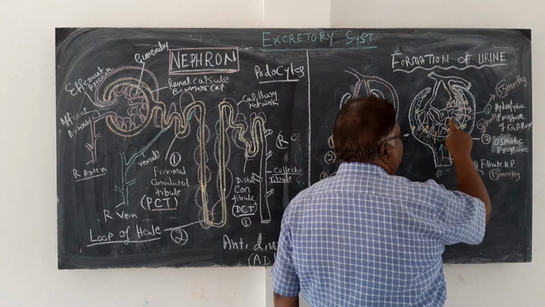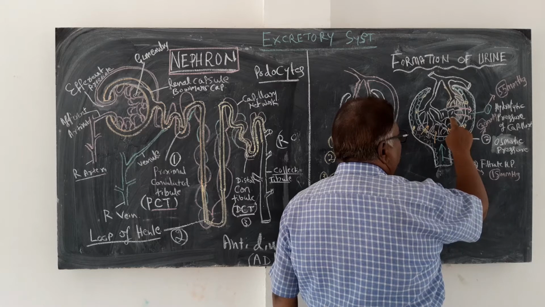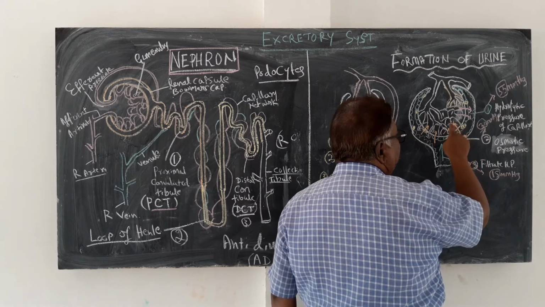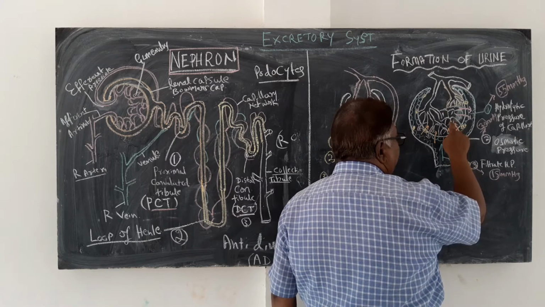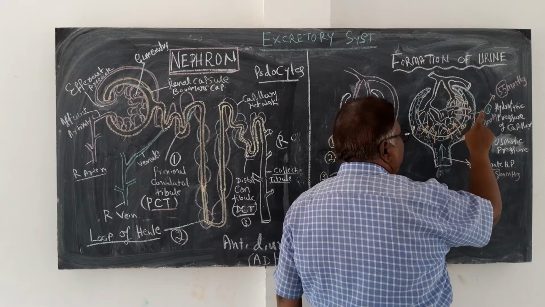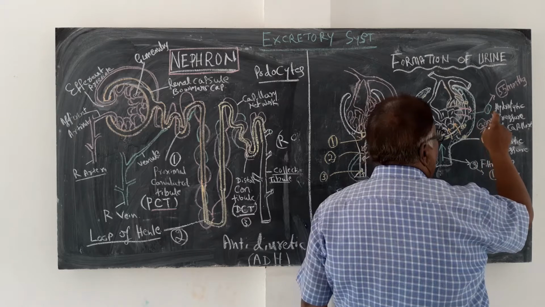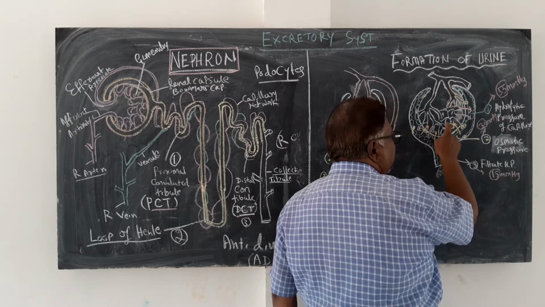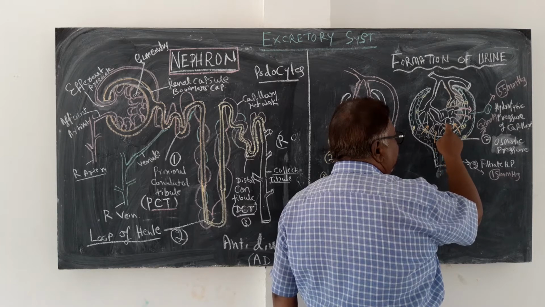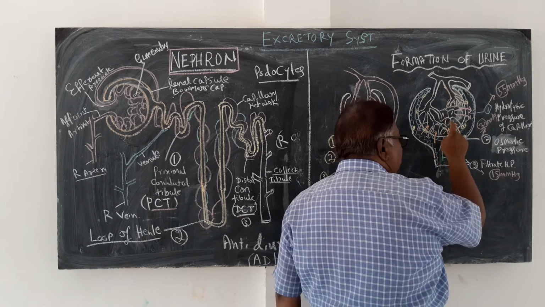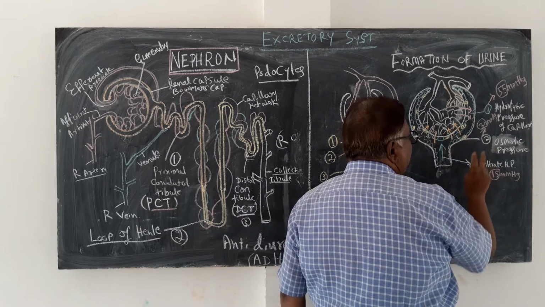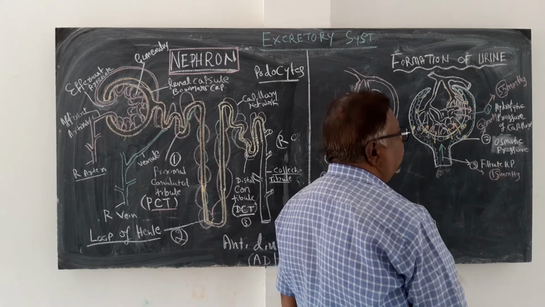This 55 mmHg pressure is produced in the capillary. The blood has that type of pressure. So here the pressure is created in the capillary and the filtration starts. Against this pressure, there are two opposite pressures present inside the Bowman's capsule.